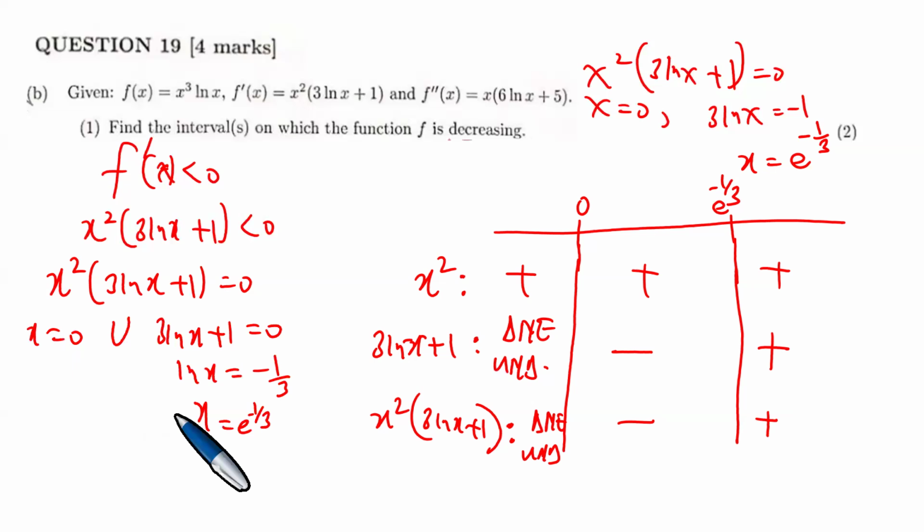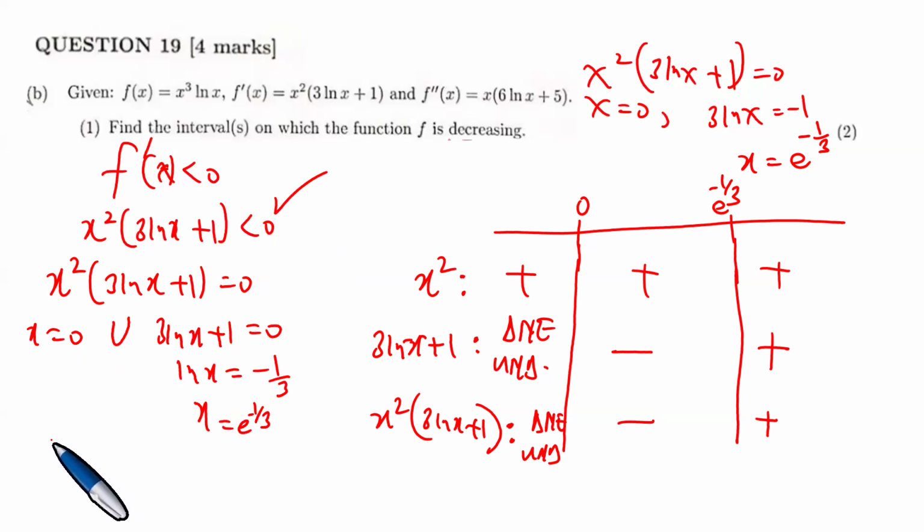Right, and as a consequence, what are we actually able to achieve here? We want the negativity, so that the function is decreasing.